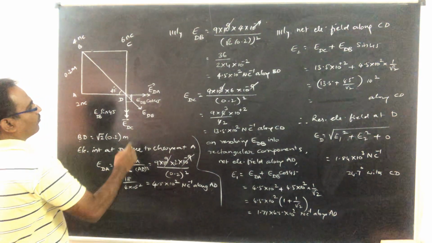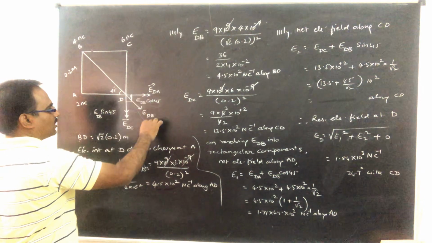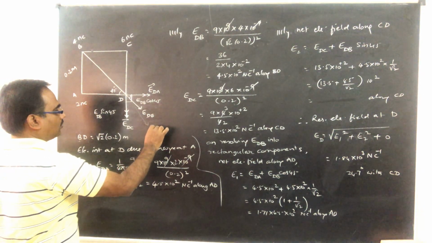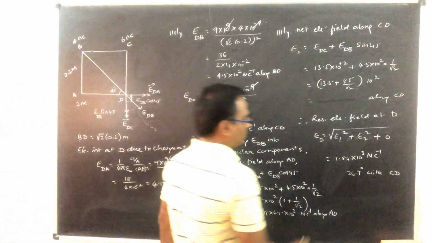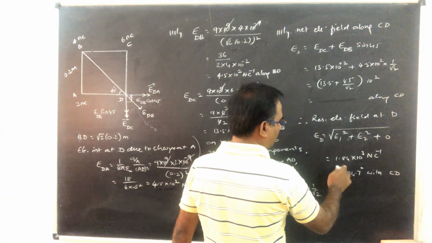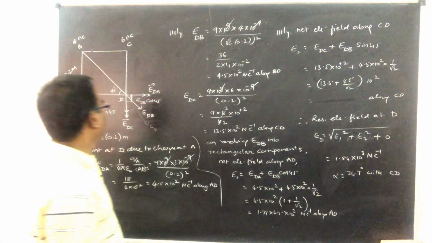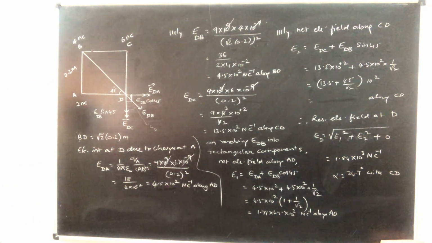So this becomes the resultant ED, and this becomes alpha. So this is the magnitude and this is the direction, 24.7 degrees with CD.